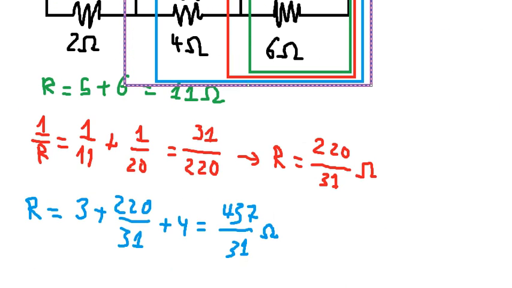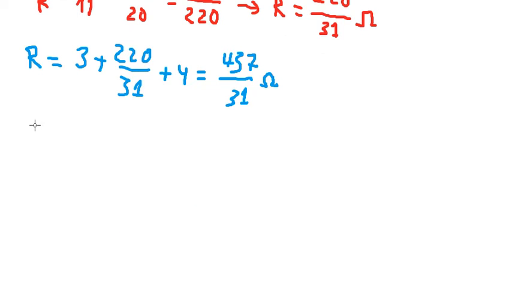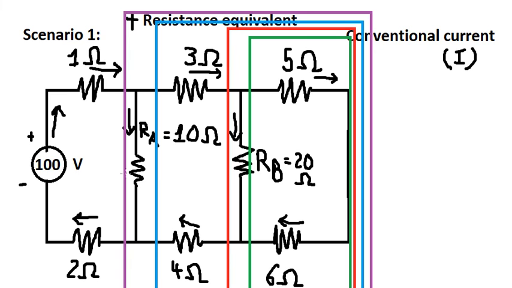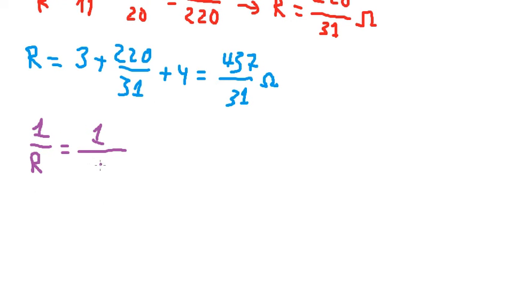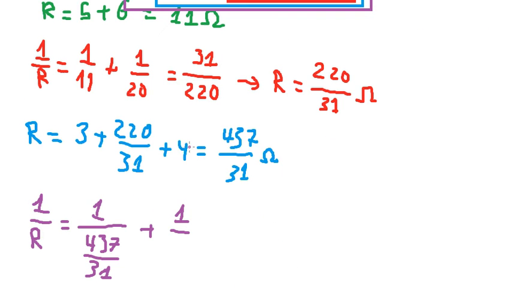So in this one, we have 1 over R. And we have this number in here. The blue one is parallel to this one. So we have 1 over 437 over 31. And we have 1 over number 10.